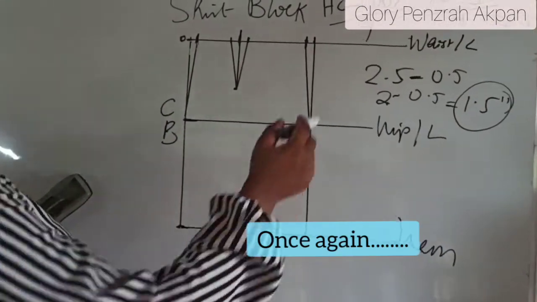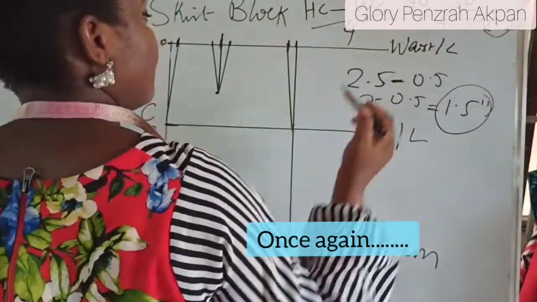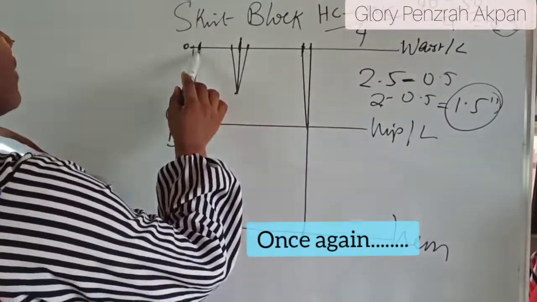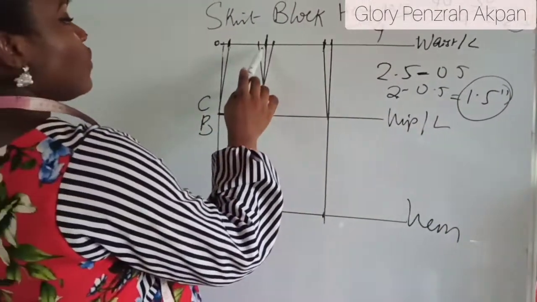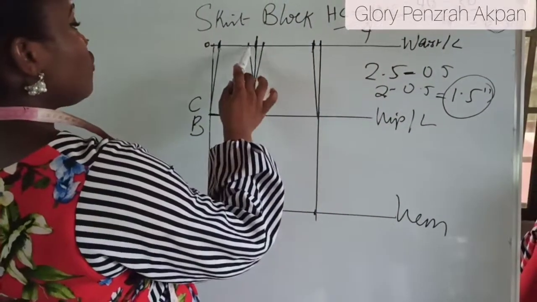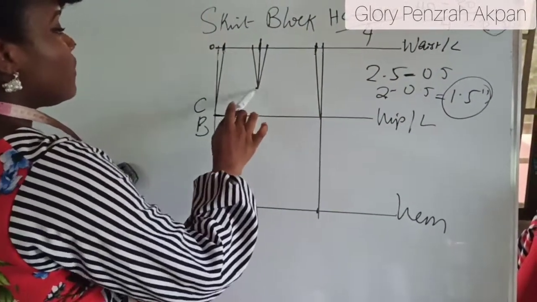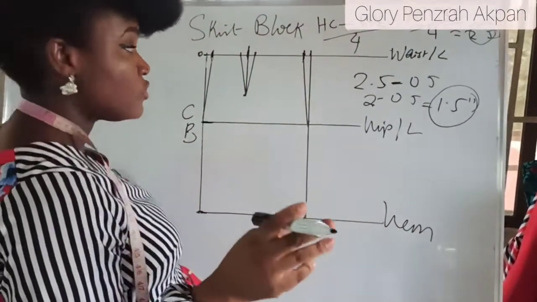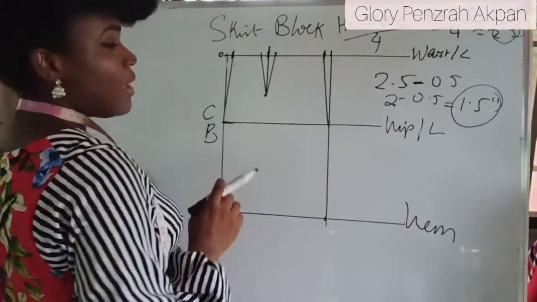The calculation we did here to get 2.5, we used 0.5 to slant the side, 0.5 to contour center back, and what was left was 1.5, which we used to form the waist dart. So like I explained in the front block, this can be worn.